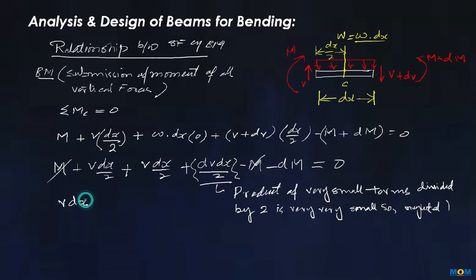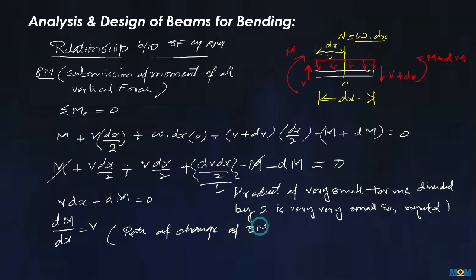So we are left with V dx minus dM is equal to 0, or we may write this as dM upon dx is equal to V. So this is the rate of change of bending moment with respect to x, which is equal to the shear force.